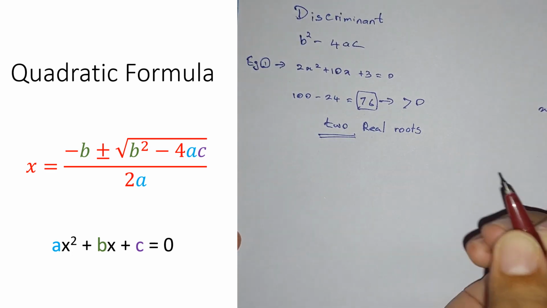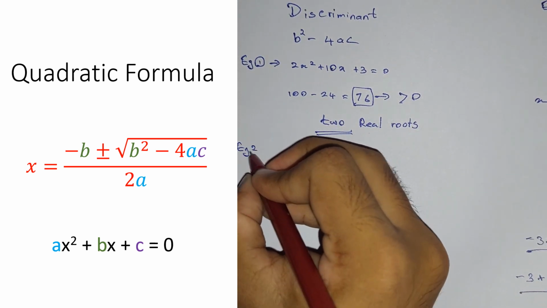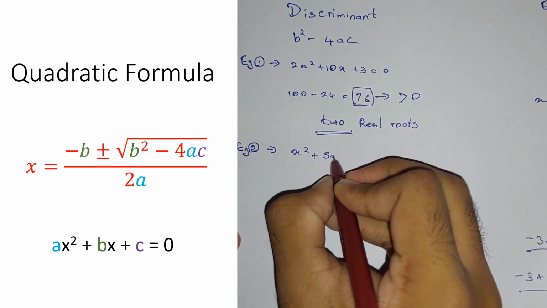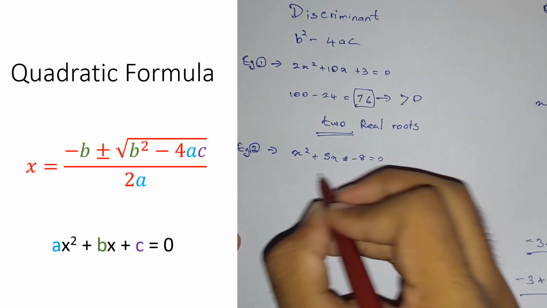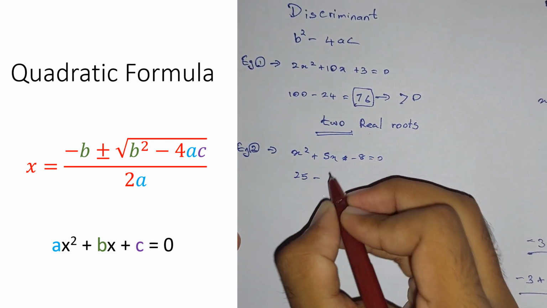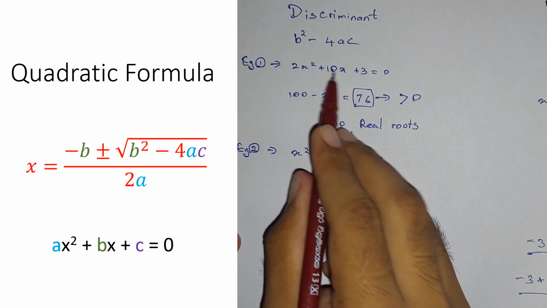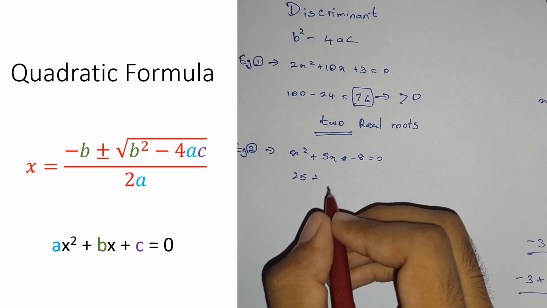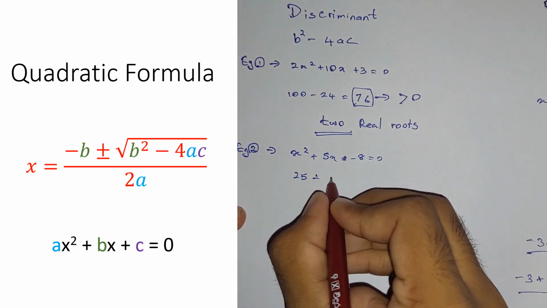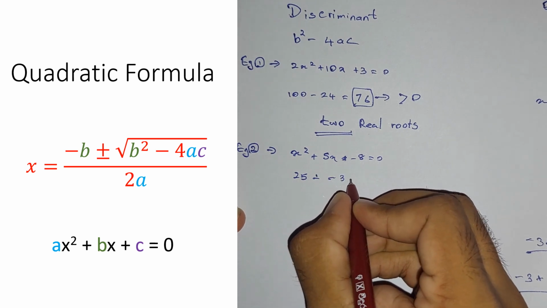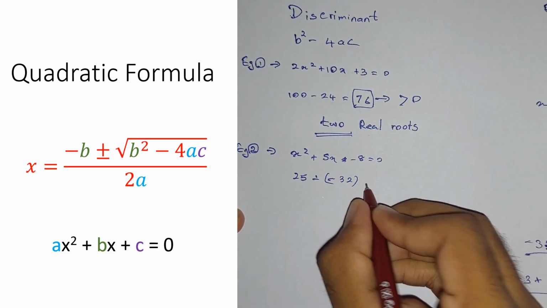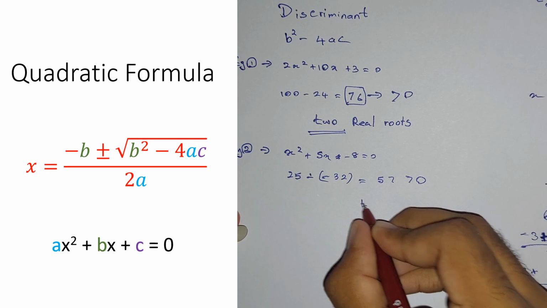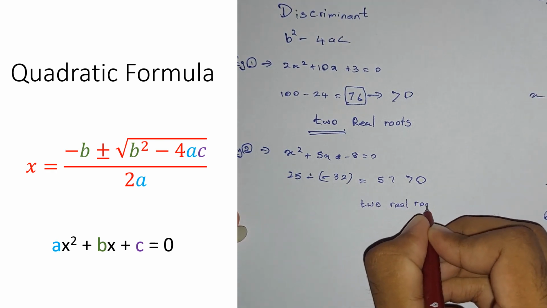Two real roots. Example 2 was also similar. The discriminant of 25 minus 4ac, which is 4 into 1 into minus 8, so minus minus 32, was 57, still greater than 0, and we ended up with two real roots.